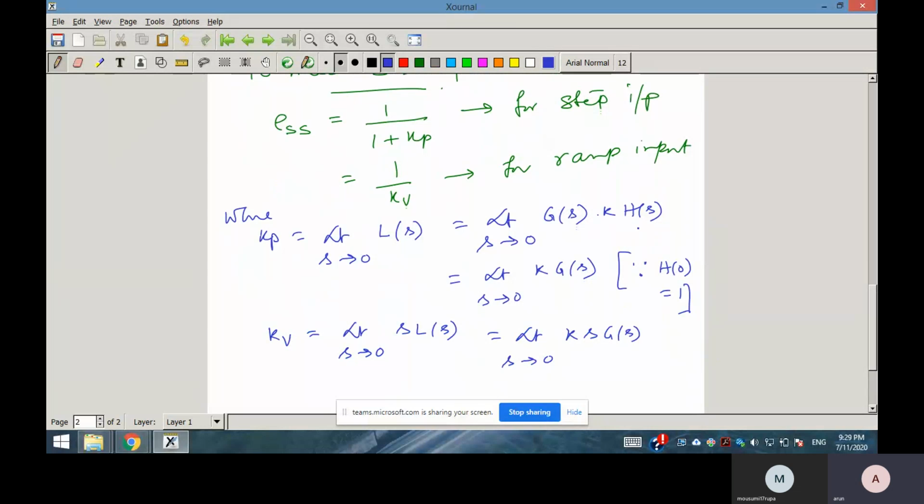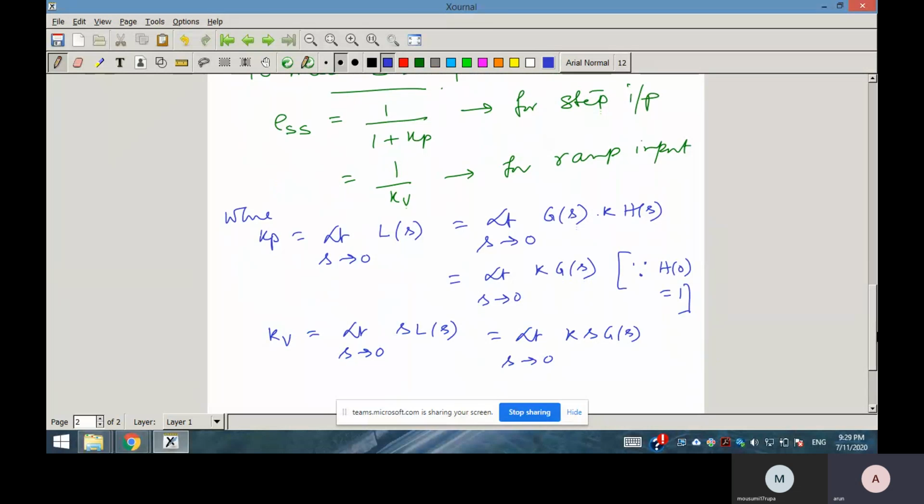HS is a normalized transfer function, so it will not affect the steady state requirement, the steady state performance specification. So KP and KV will depend on K and the plant.